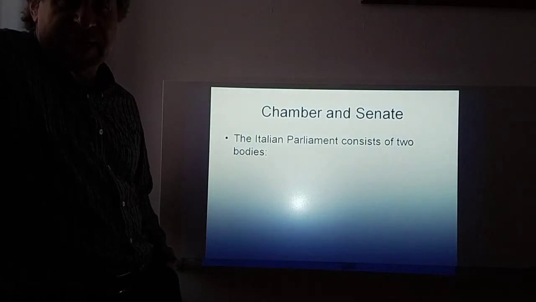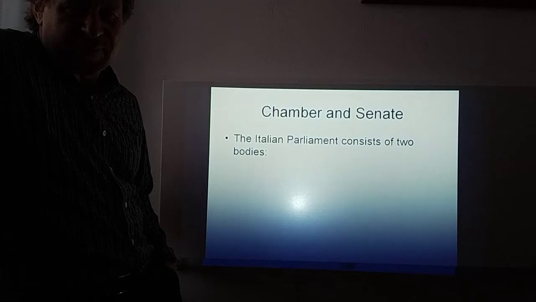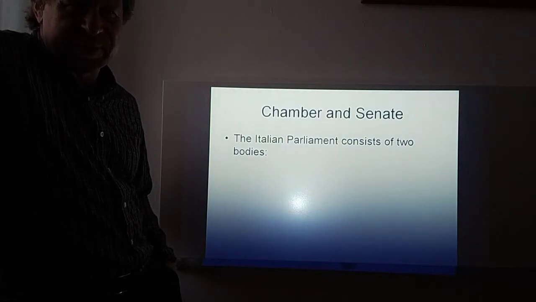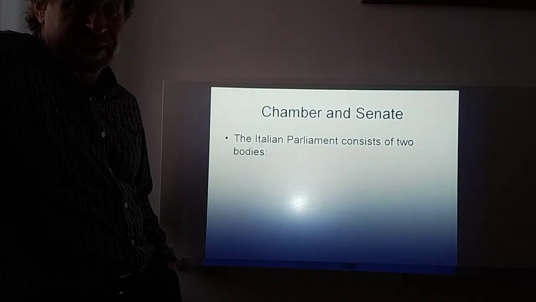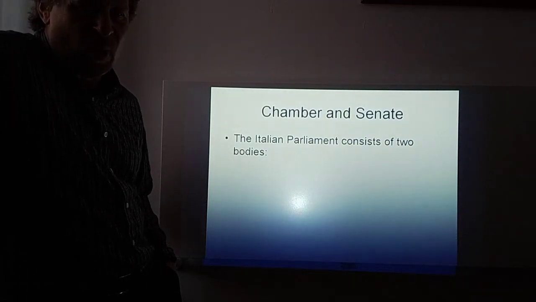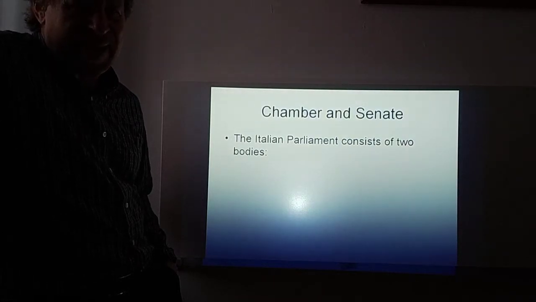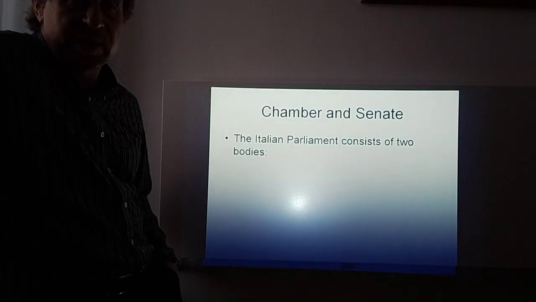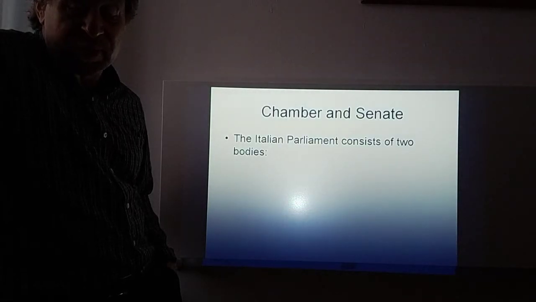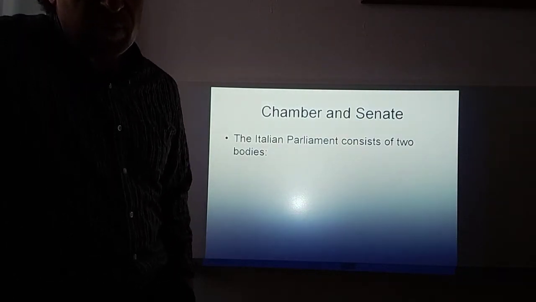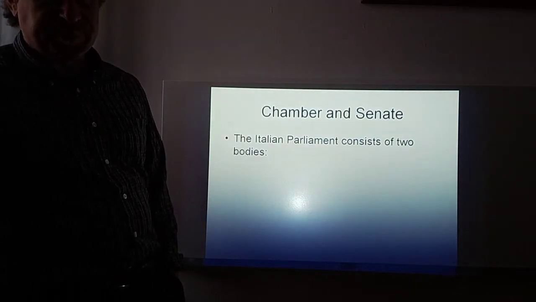It's exactly the same in England. You've got the House of Commons, which is the lower house, represents the younger, more ambitious house, and the Lords, the older and more experienced members, play their role.